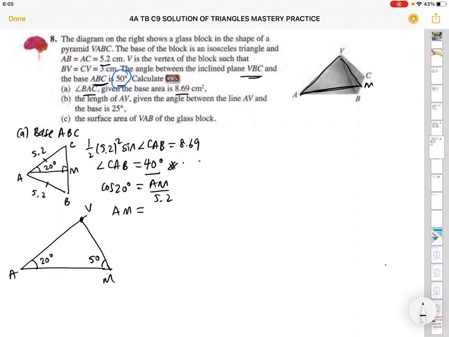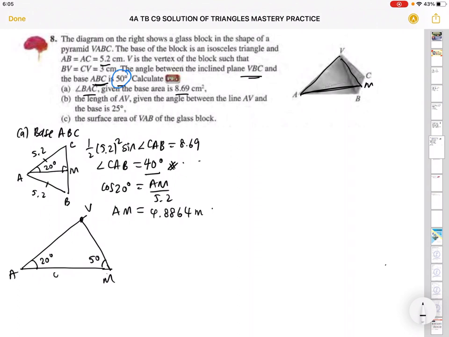My AM is 4.8864. Now I'm thinking I should use 4 significant figures, but it's better to use more, just in case. 4.8864. So I've got AM already. This is 4.8864, right?